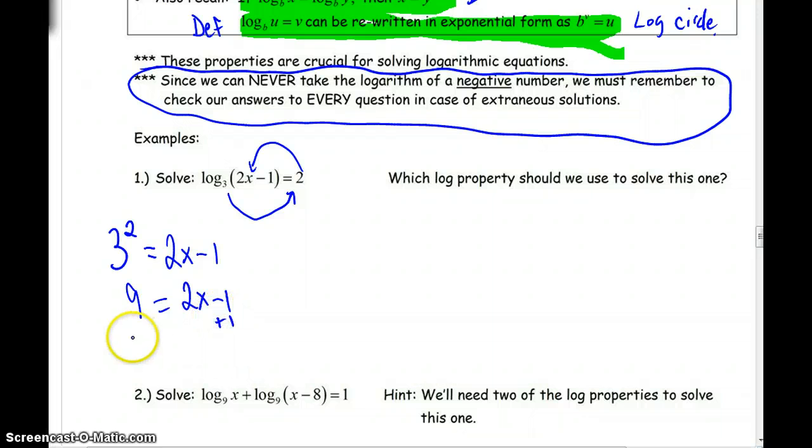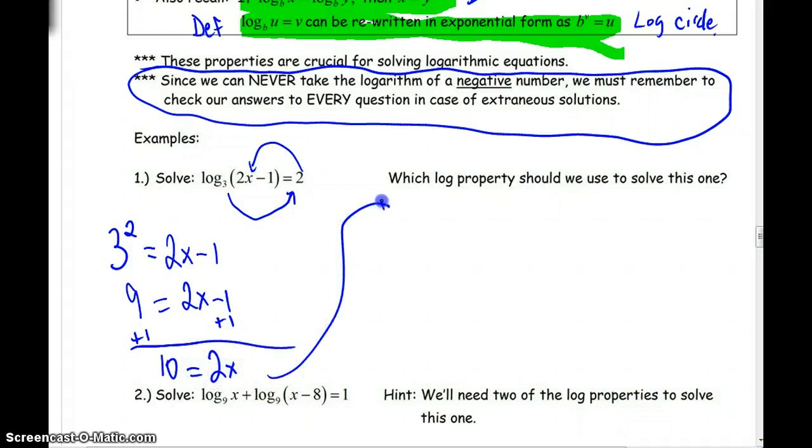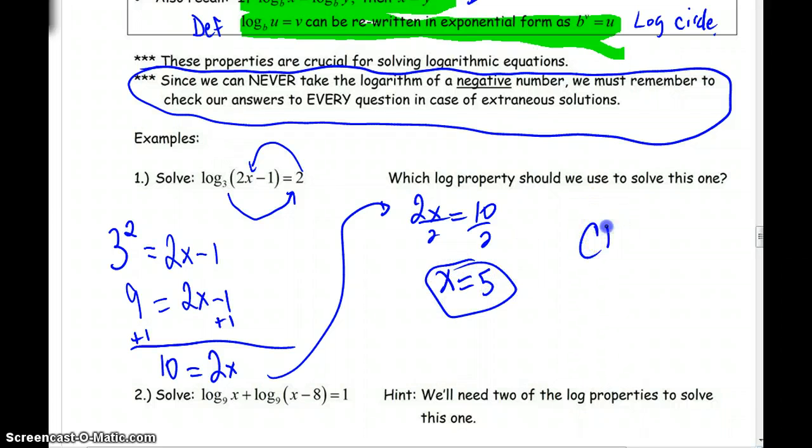Very quickly we can add a 1 to both sides. 9 plus 1 is 10. And if 10 is equal to 2x, or if I rewrote that as 2x is equal to 10, divide by a 2, we'll have x equals 5. Now, this might seem fine, but honestly, we need to check one very huge question.